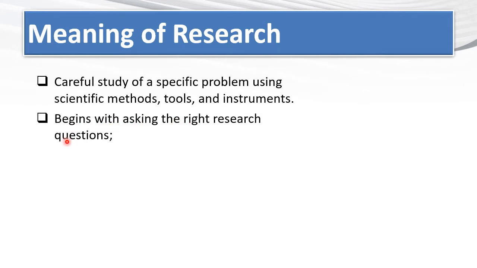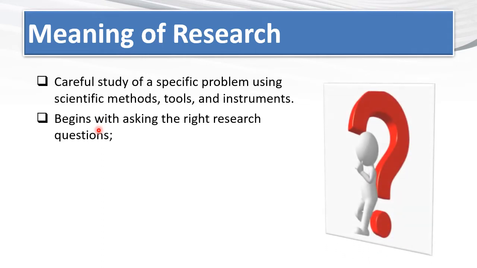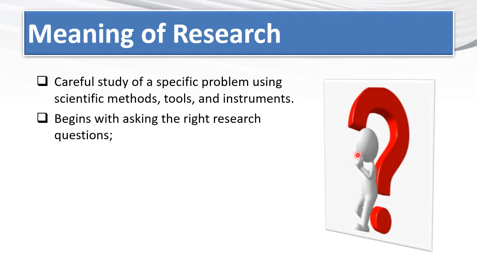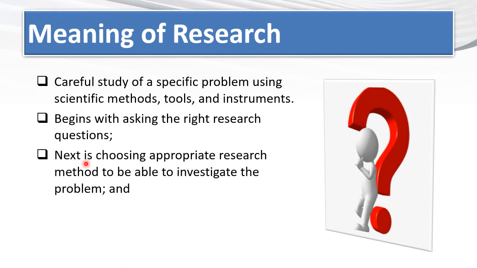Before you begin a research, you must have the right question at the back of your mind for which the research tends to address. Next is choosing an appropriate research method.